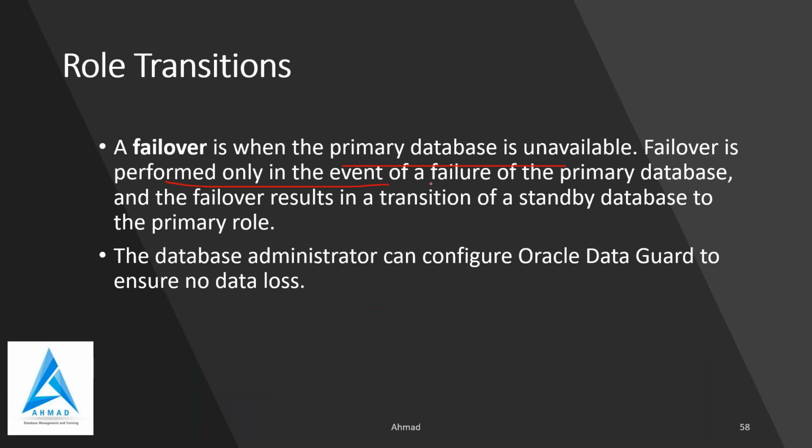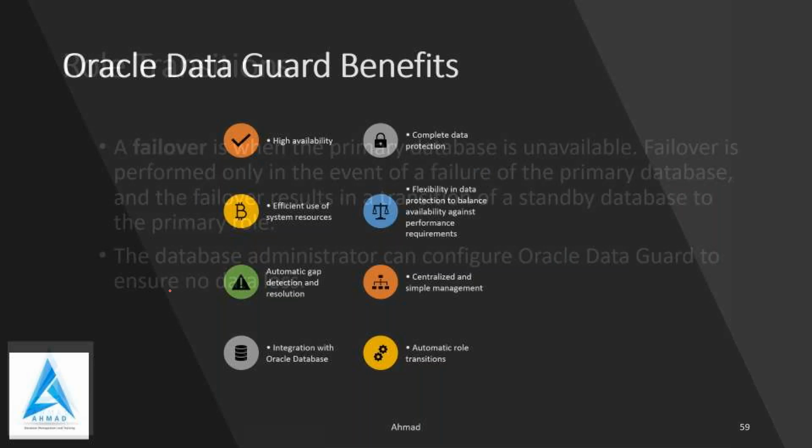So failover is performed when failure happens on primary database. And when failure happens, the standby database transitions to become primary, and the DBA can reconfigure the old primary and recover it. And after that, it may be changed in primary, or otherwise it may be taken as it is as a standby. So this is the DBA's task when performing recovery.